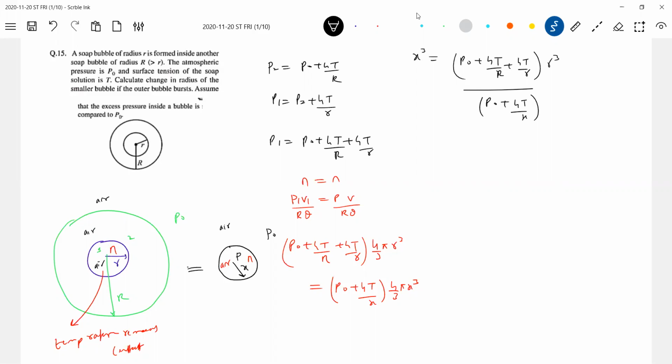Let me take P naught common, so 1 plus this will be 4T.